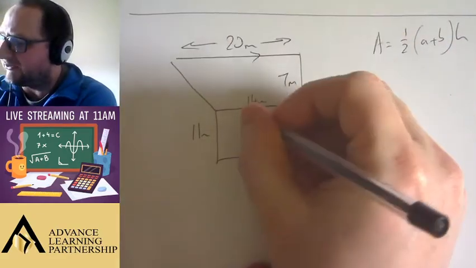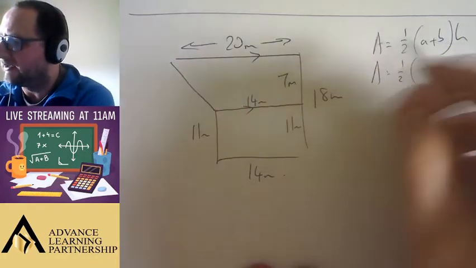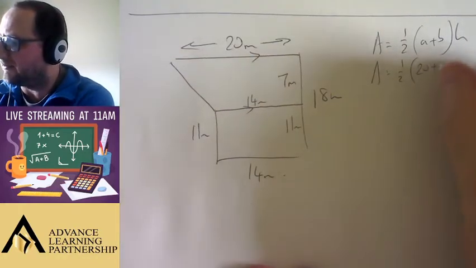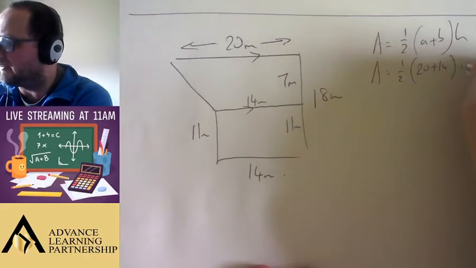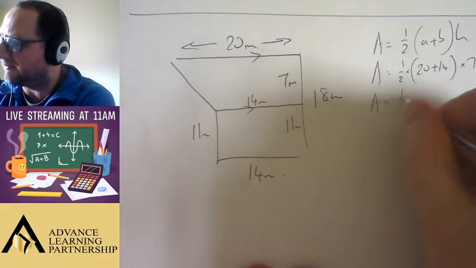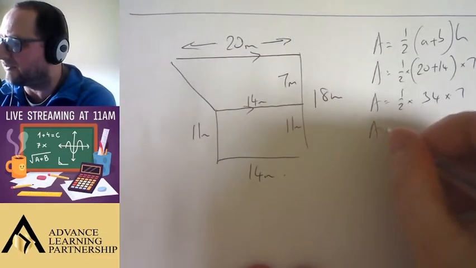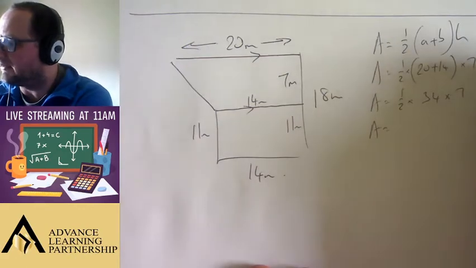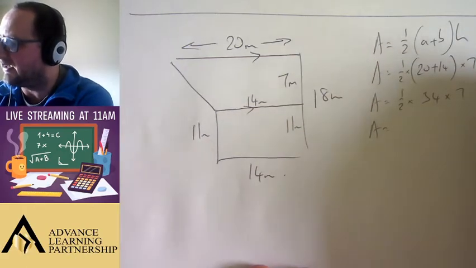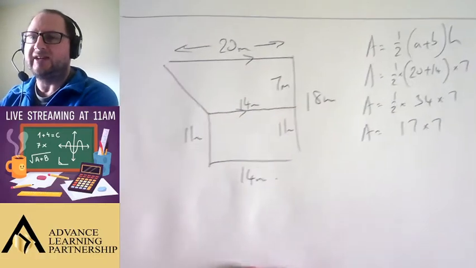I've got my parallel sides there, 20 and 14. So 20 plus 14, and the perpendicular height 7. 20 plus 14 gives me 34, and a half of 34, well, a half of 30 is 15, a half of 4 is 2, which is 17, and it ends up being 17 times 7.